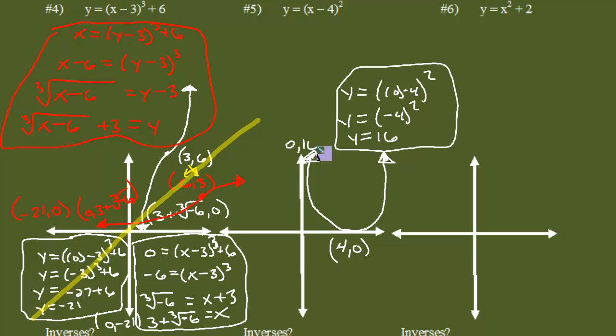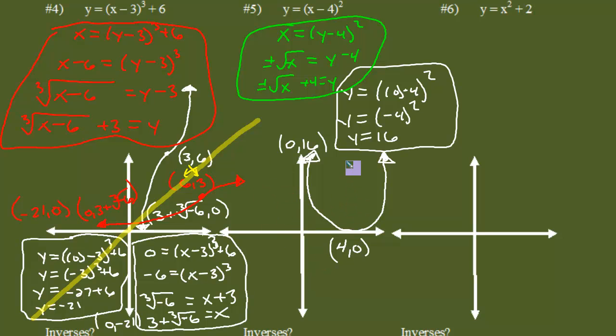So this y-intercept is positive 16. Just have to find the inverse of this function. And interchange x and y. Square root both sides. When you take an even root, it's plus or minus. So this is my inverse function.